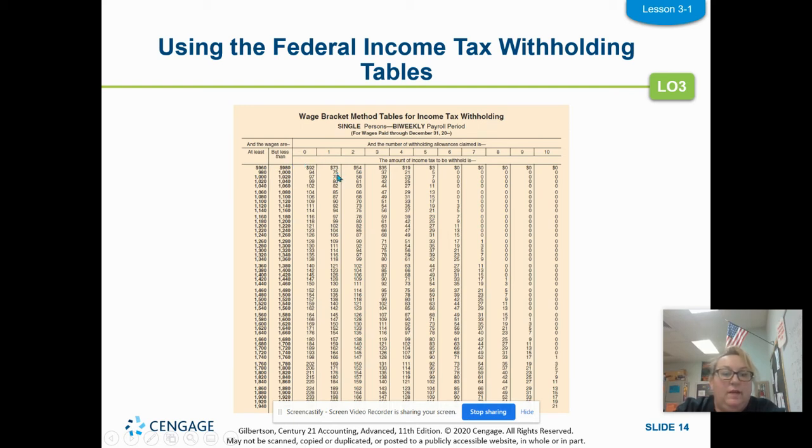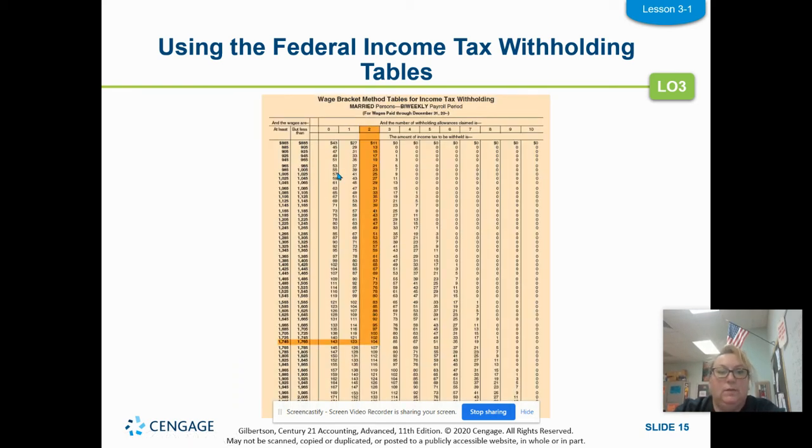Because notice, if I do 980 and I have one allowance, there's 73 or 75, right? So you always want to take the higher number. If it hits that number exactly, you have to go up to the "at least" number. Okay? So just a reminder.